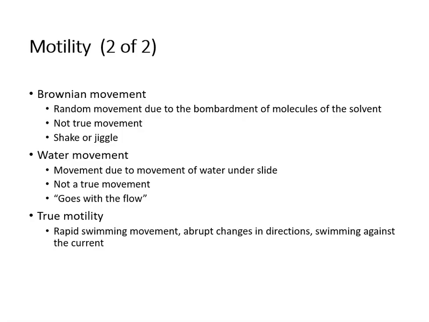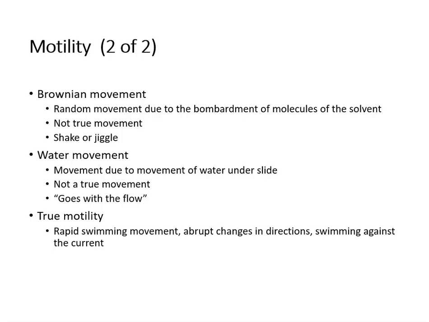You can see three different kinds of movement. One is called Brownian movement, and this is when you put this drop with the bacteria in there under the slide. There is random bombardment of molecules due to the water that's going on.